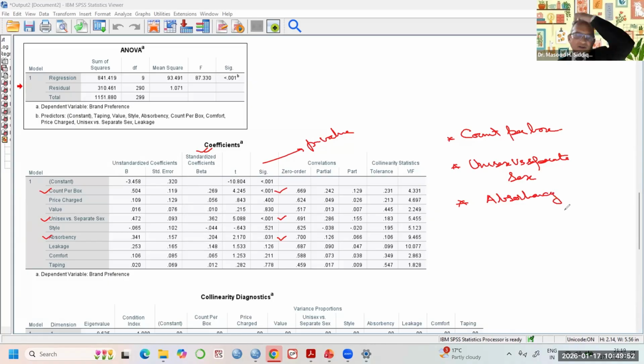It is also giving us a value less than 0.05, so this is again significant.